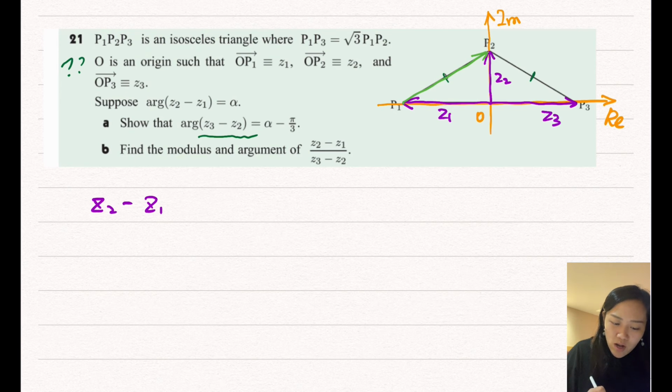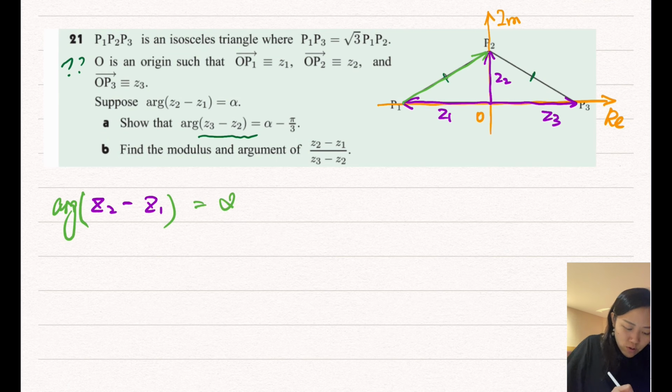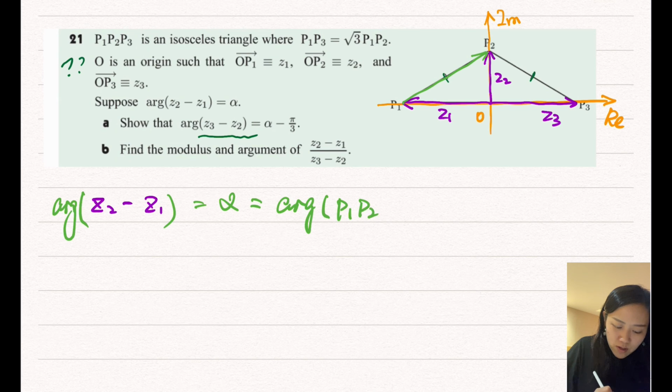Because Z1 plus the vector P1P2 would equal the vector from O to P2, which is our Z2. So essentially, by saying that we're looking for the argument of Z2 minus Z1, which equals alpha, that is exactly the argument of P1P2.